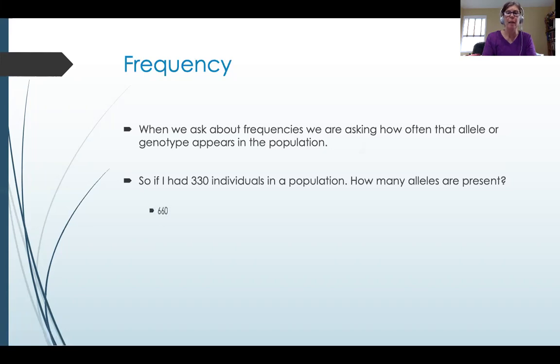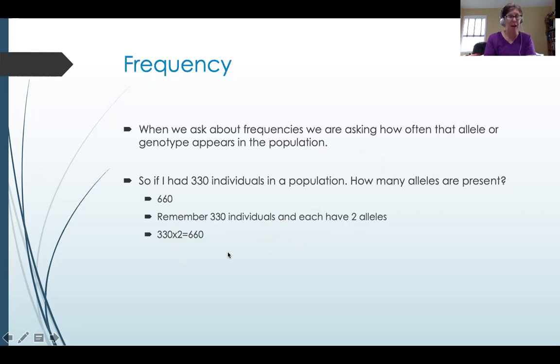That means we would have 660 alleles in that population. So again, if you don't remember, 330, they each have 2. That gives me 330 times 2, 660. That's how I got that number. You'll have to get that number too on these labs.